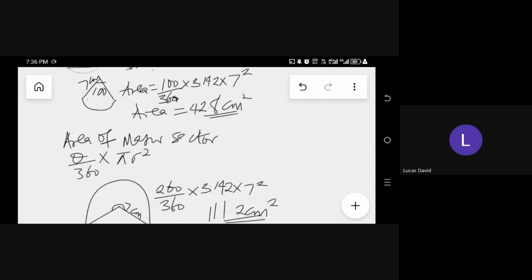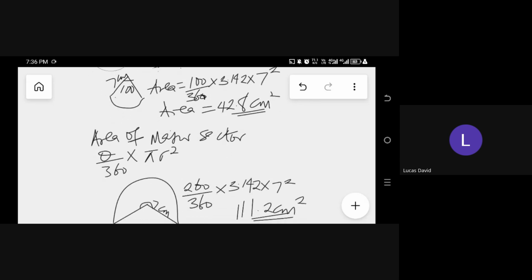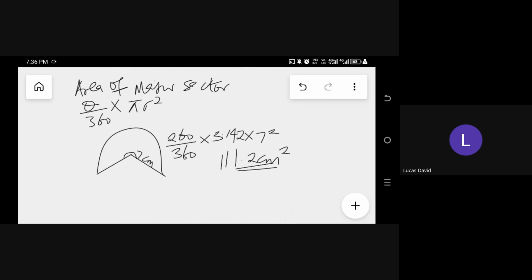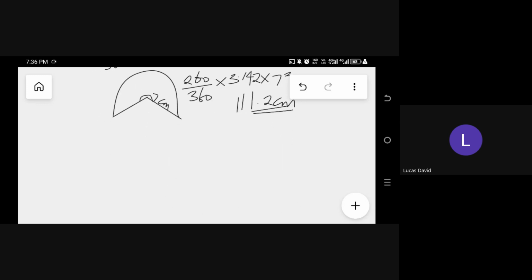You can see here that the area is given as theta over 360 times pi radius squared. So this is what you do basically. And then you have the major and the minor, which we just did here. Then there's also the area of a segment, but a segment doesn't actually have a particular formula for the area.